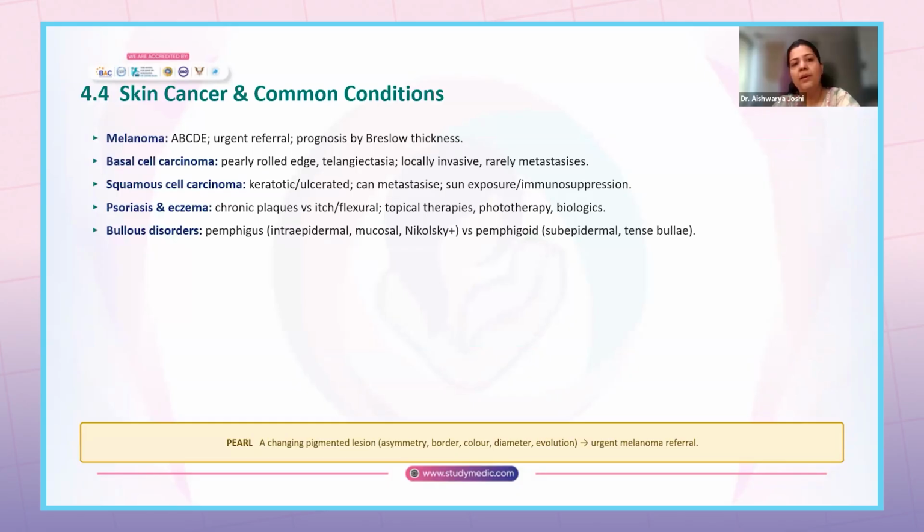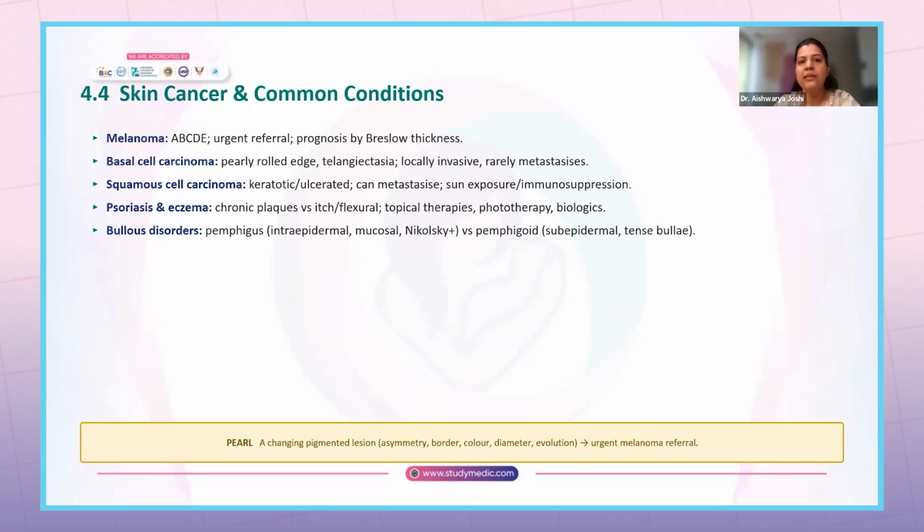Coming to skin cancer and common conditions, in MRCP they usually ask about melanoma, basal cell carcinoma, and psoriasis. Melanoma: you have to see if there is an urgency, whether any life-threatening metastasis has happened, or whether it can be waited on and evaluated stepwise, depending on the clinical scenario.